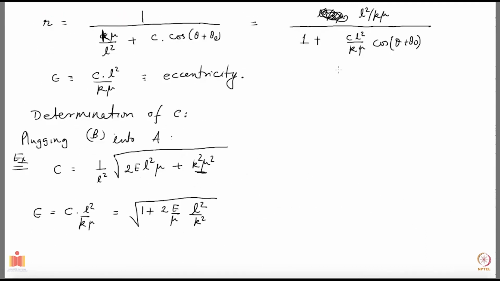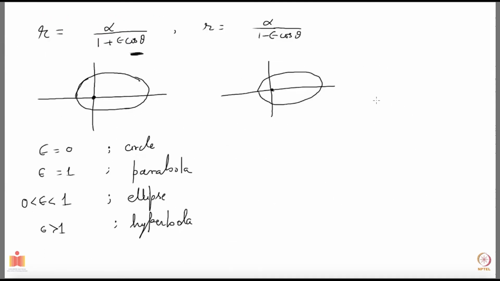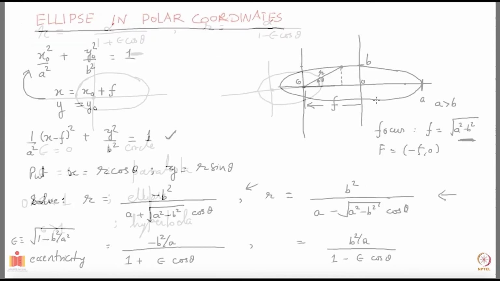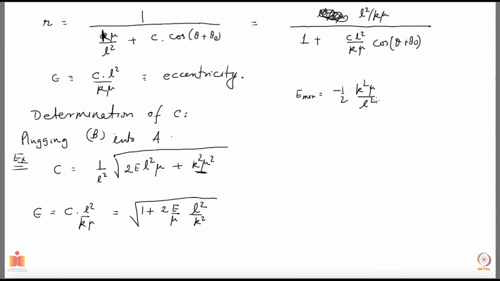So we had found that E minimum is minus half K square mu over L square. I hope that's correct. Yes, that's correct. So let's see what happens when E is E minimum, the minimum energy which is allowed.